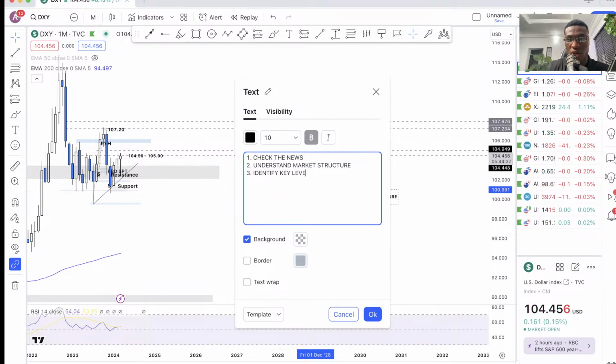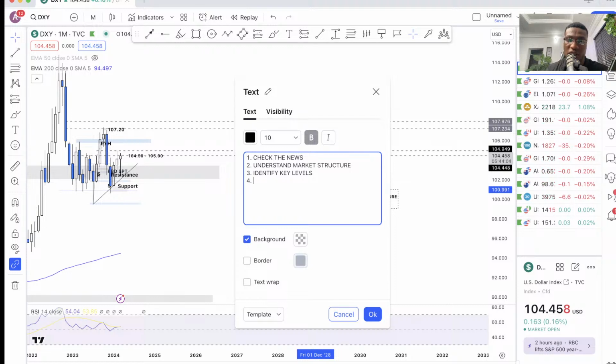Understanding market structure is basically being able to perceive the market, looking at the trends, being able to understand areas of supply and demand, just basically looking at the market and identifying the trend. And then you identify key levels that has to do with support and resistance zones, trend line support, Fibonacci levels. All that is included in step 3, which is identifying key levels.